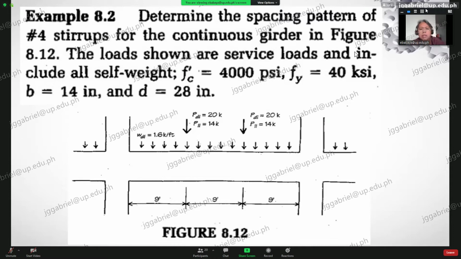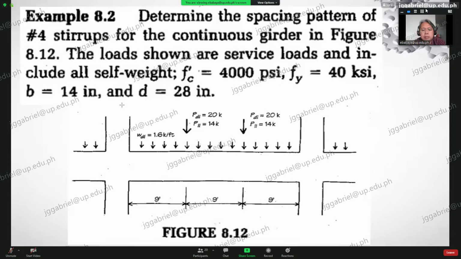Okay, looks like we can discuss now. If we draw the shear diagram, we will find that the shear diagram is antisymmetric actually. No?